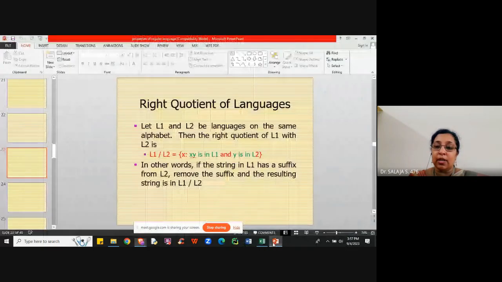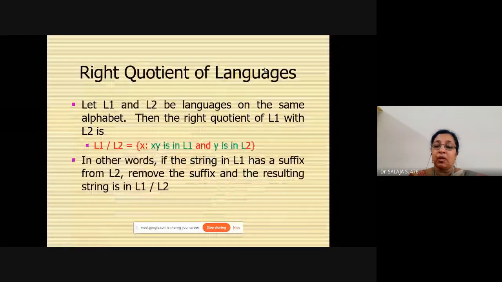It is the right quotient of regular languages, where we take L1 and L2 to be any regular languages.